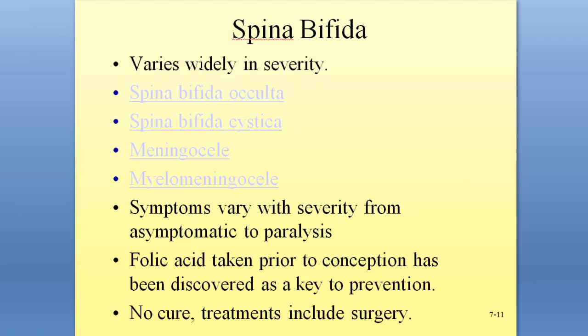I'm not going to have you memorize the different kinds of spina bifida, but they vary widely in severity from being asymptomatic all the way to complete paralysis below the injured area. And so what happens is we get this spinal cord protruding out and becoming damaged.